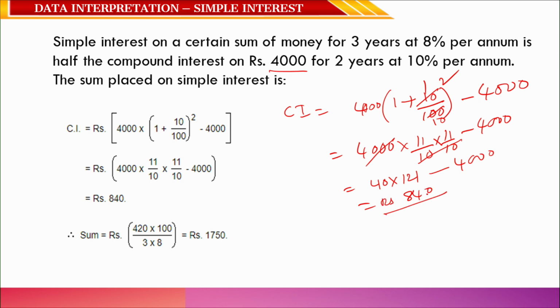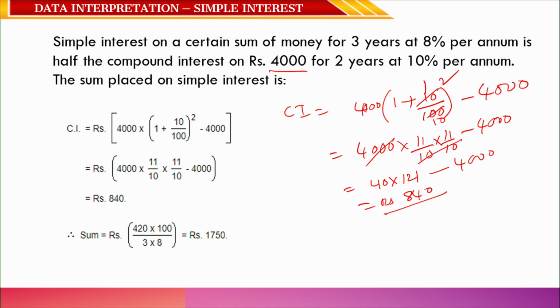So, when you consider the amount 4,000 rupees for 2 years at the rate of interest 10% per annum, the compound interest is 840.